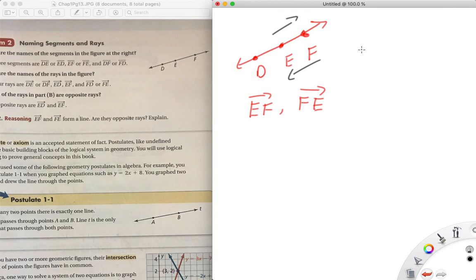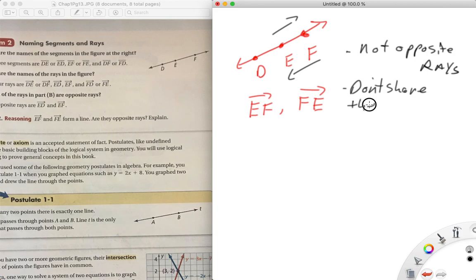And the reason why they're not opposite rays is because they don't share the same endpoint.